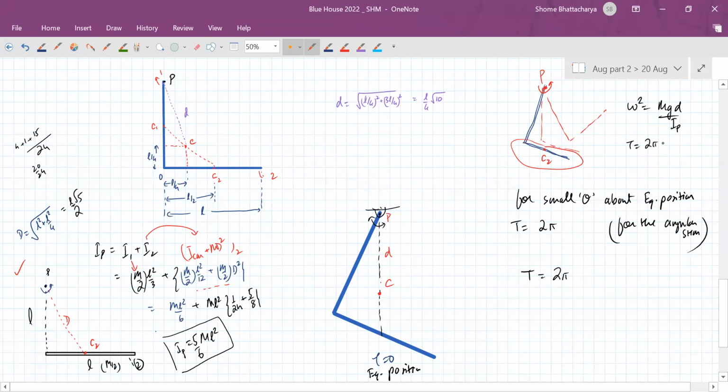So time period is 2 pi by omega. Okay, so this is the expression of time period.